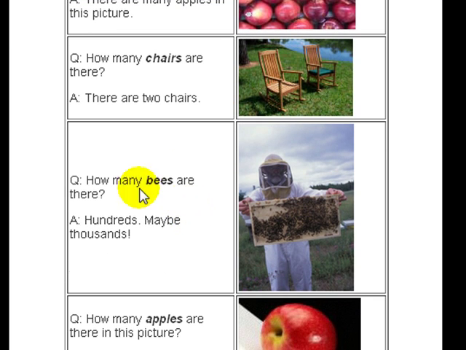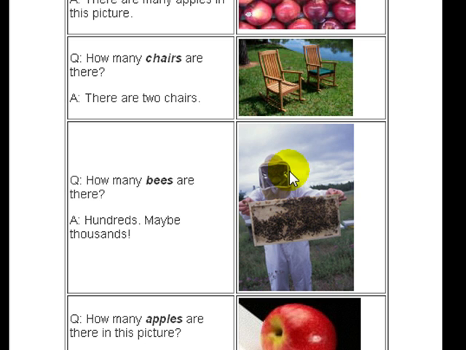And down here we come to how many bees are there? You can see bees here. The man's wearing this outfit, this helmet, this thing to guard his face. He's wearing a suit to protect him from the possibility of being stung by the bees. That means the bees will put their stinger, that little thing they have on the end of their abdomen, and hurt you.